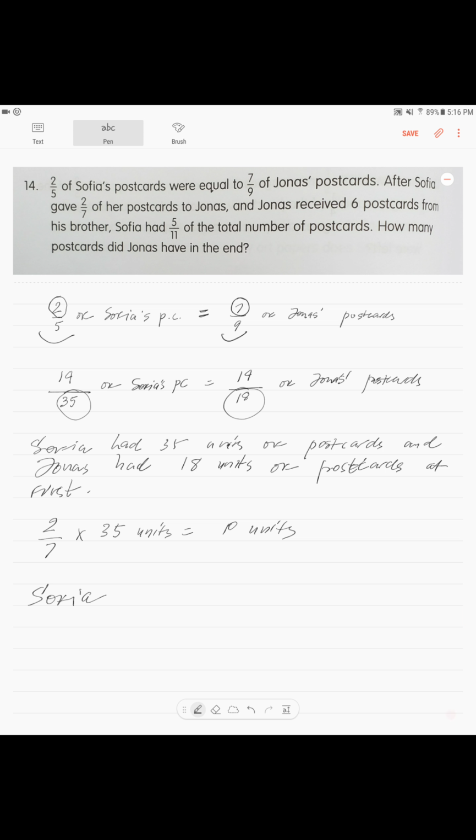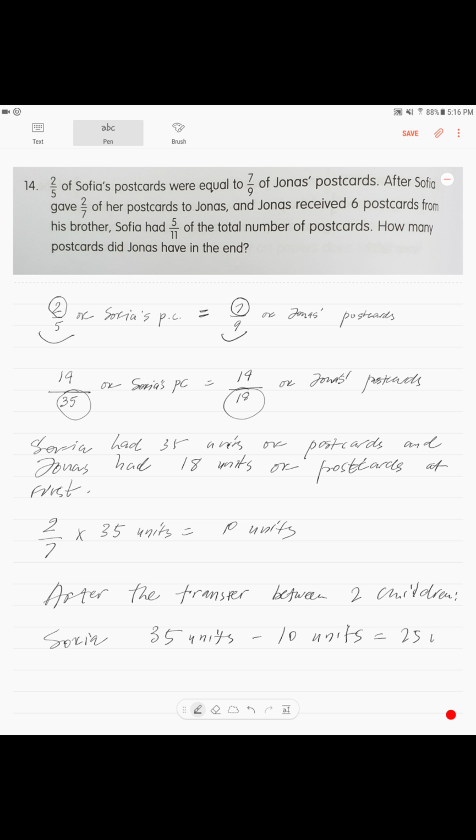Let's write down so you don't miss it. After the transfer between two children, what happened? Sophia lost 10 units. She had 35 units. She lost 10 units, right? She gave to Jonah, and she got, as a result, 25 units.